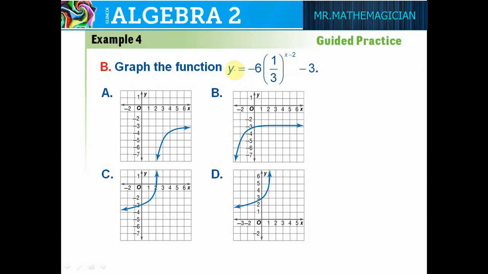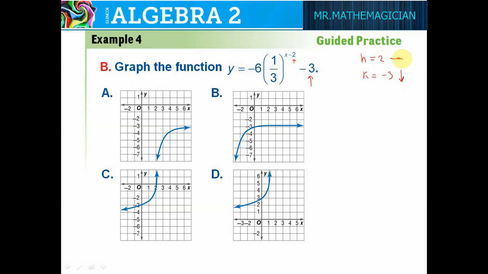Now graph the function y equals negative 6 times one third to the power of x minus 2, minus 3. It's clear that we have h equals 2. H equals 2 means we have x minus 2, means to the right 2 units. K is negative 3, means 3 units down.